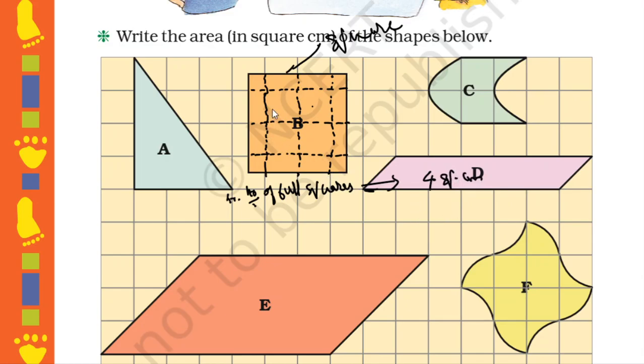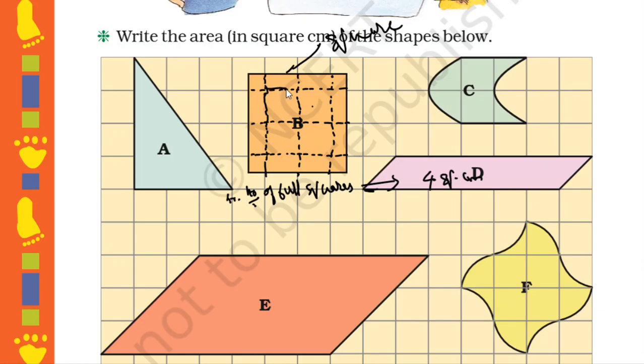Why? Because here each square's side is 1 centimeter. So we can find the area as 1, 2, 3, 4 full squares. Suppose the area of each square is 1 square centimeter, so the total is 4 square centimeters. In another way, we can find the area of a square. What is the area of a square? Side into side.